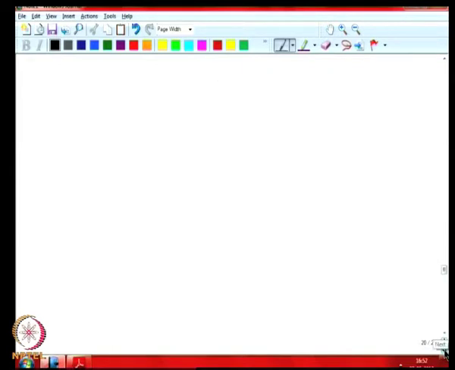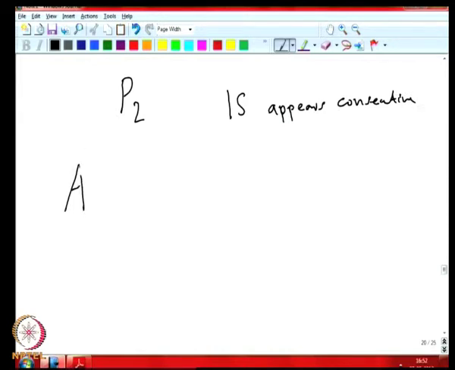Similarly, the second property we do not like is that ease appears consecutive in the permutation. Let us say the subset of those 9 factorial permutations which have this undesirable property P2 is A2.